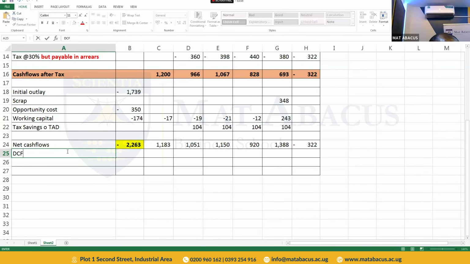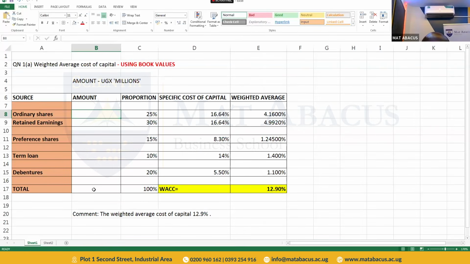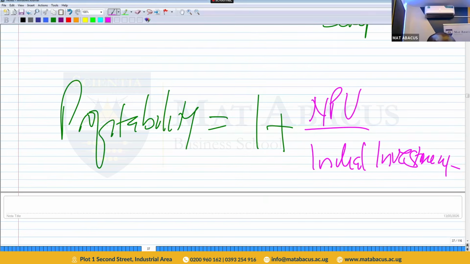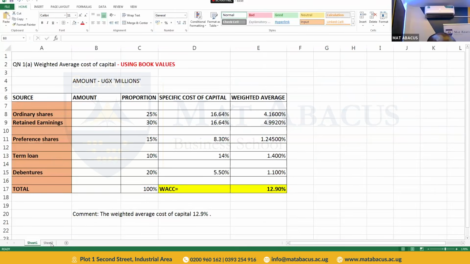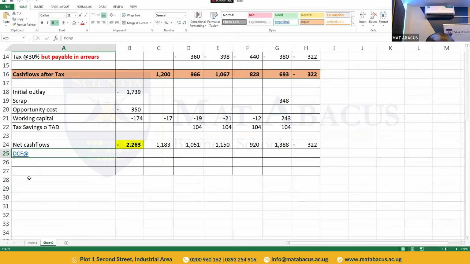In that question, we were not given the discounting factor. But if we recall, we computed our WACC as 12.9. 12.9 is approximately 13%. That's what we shall use. So I will say at 13%.